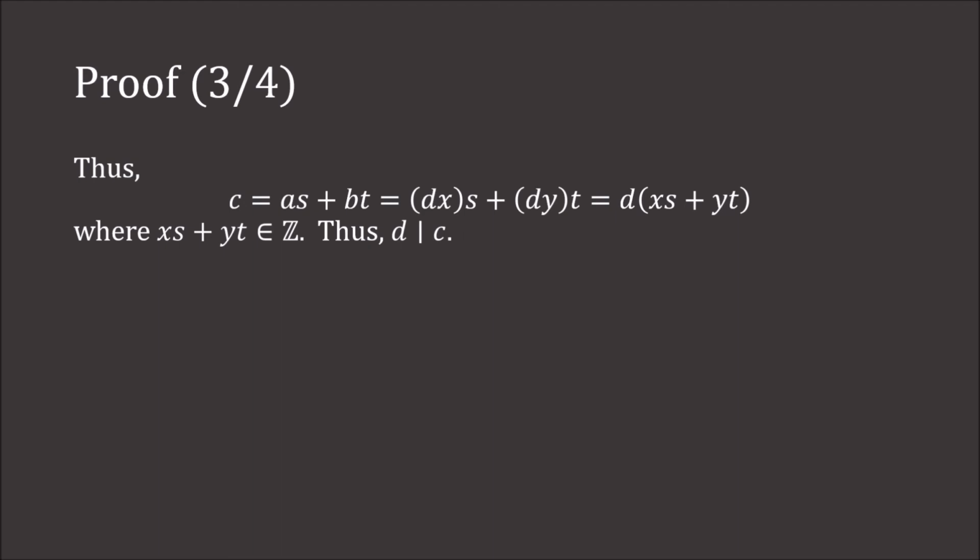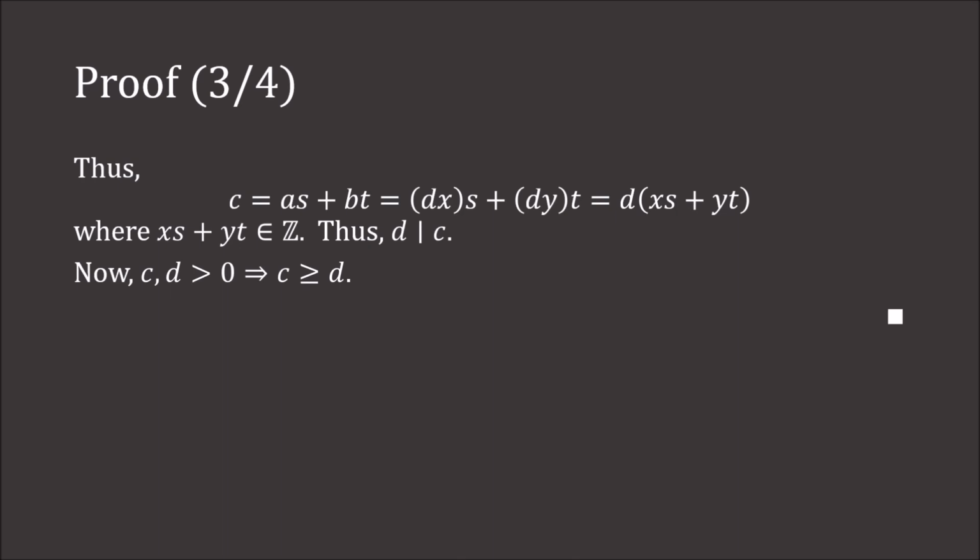This is equal to d times (xs plus yt), where xs plus yt is an integer, and so d divides c. However, both c and d must be greater than 0. And as you recall, when we studied divisibility, we proved that this would imply that c is greater than or equal to d.